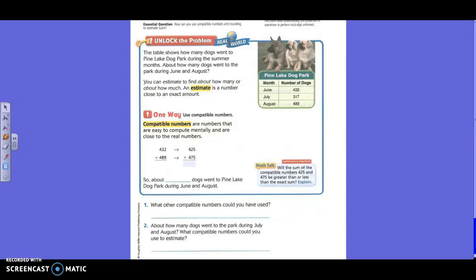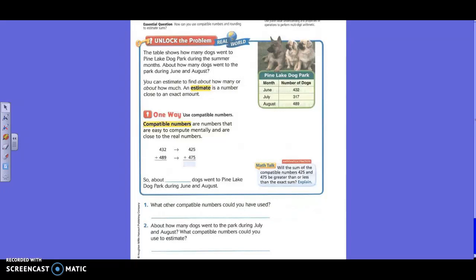About how many dogs went to the park during the months? You can estimate to find out how many or about how much, and an estimate is a number close to an exact amount.